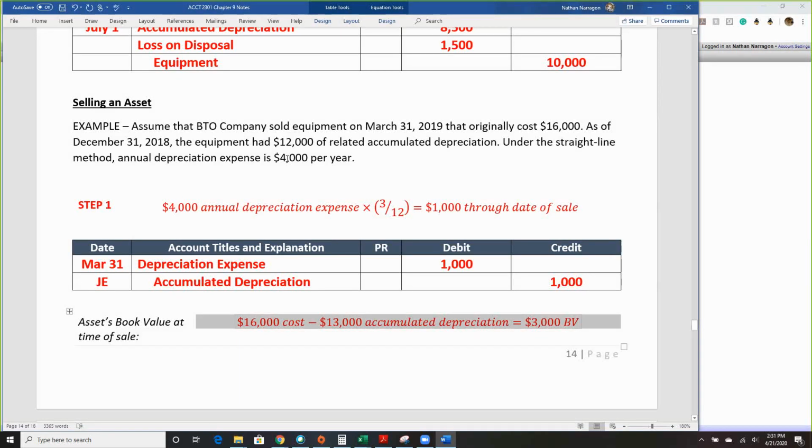Again, this is the $12,000 that happened prior, plus the $1,000 that we have done for the year of sale. So, book value in itself is going to be $3,000.